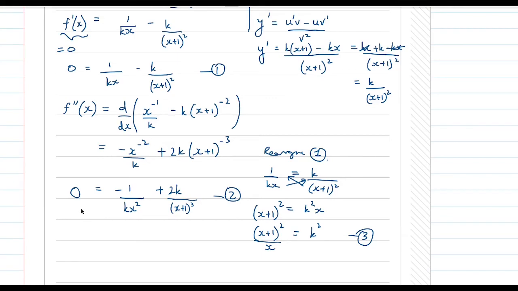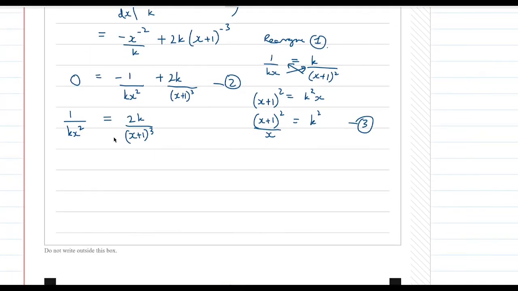Now let's rearrange the second equation into a form where we can have k squared, so it's easy to sub this in. If I bring this to the other side by adding it on both sides, and cross multiply again, we're going to have x plus 1 cubed equals 2k squared x squared, and then divide by 2x squared on both sides.